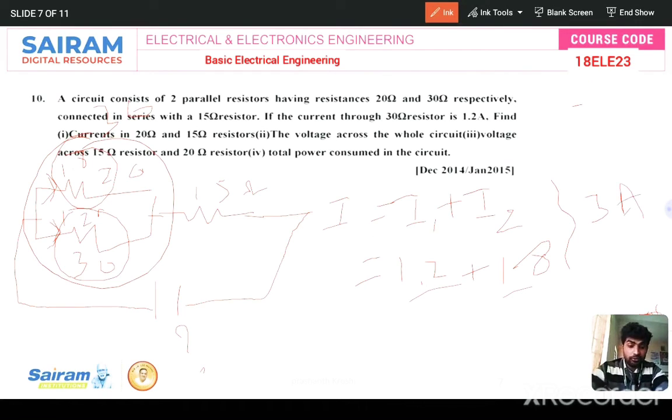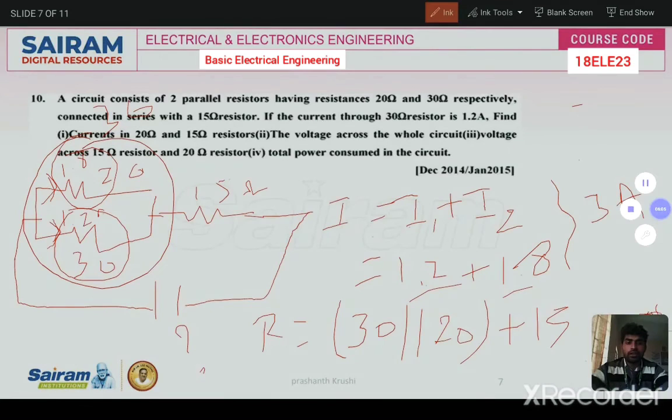R equivalent you need to calculate. How to calculate R equivalent? 30 parallel to 20 plus the series combination of 15 ohm. So R equivalent is 30 into 20 divided by 30 plus 20, plus 15.